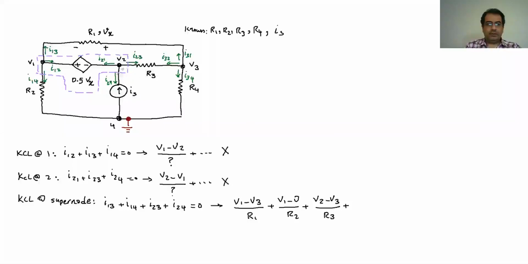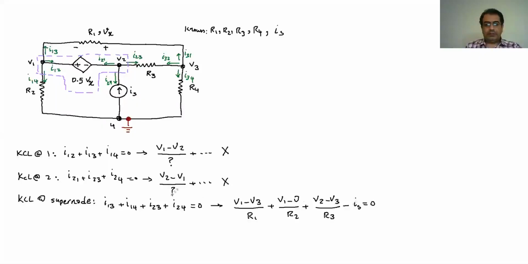Then plus the one that goes from 2 to 4. Oh, sorry, this one, the one that goes from 2 to 4, we already know the magnitude because we have the current source. The current source is IS and it goes from bottom to top. What we chose is in the opposite direction, so it's going to be negative IS here. That's going to be 0.